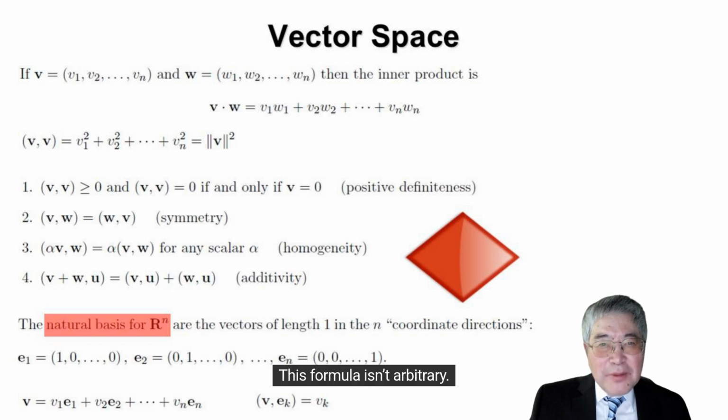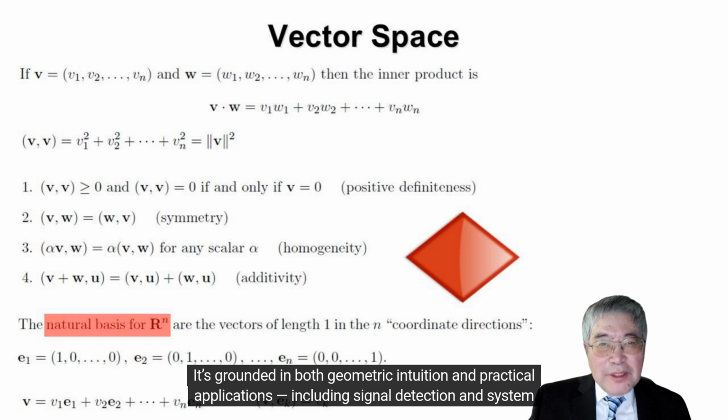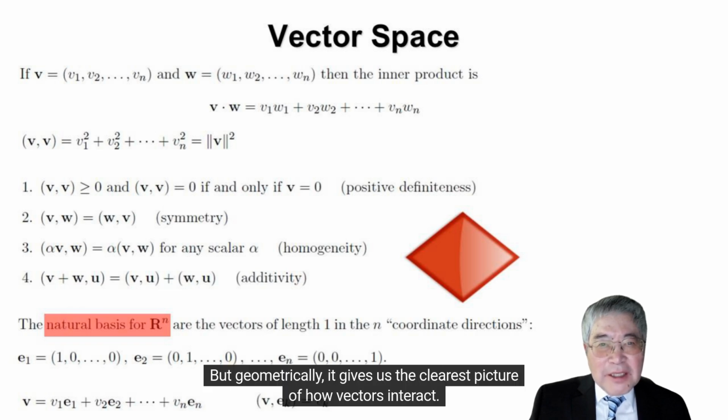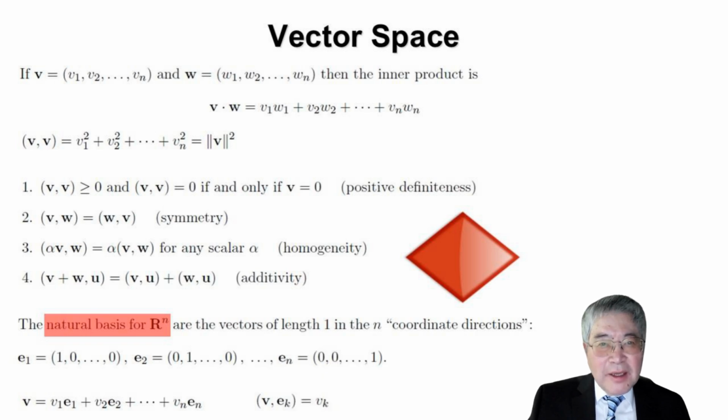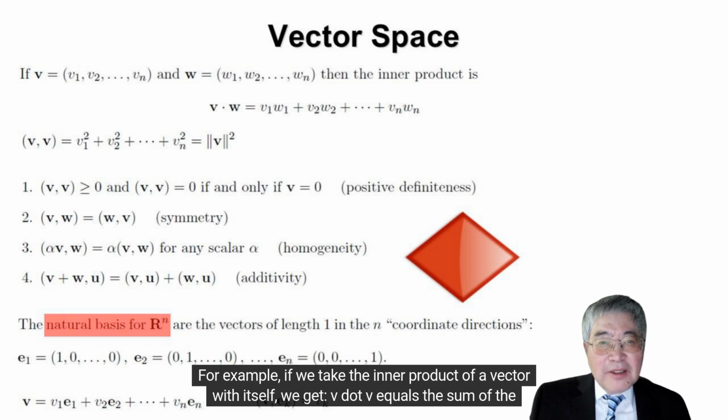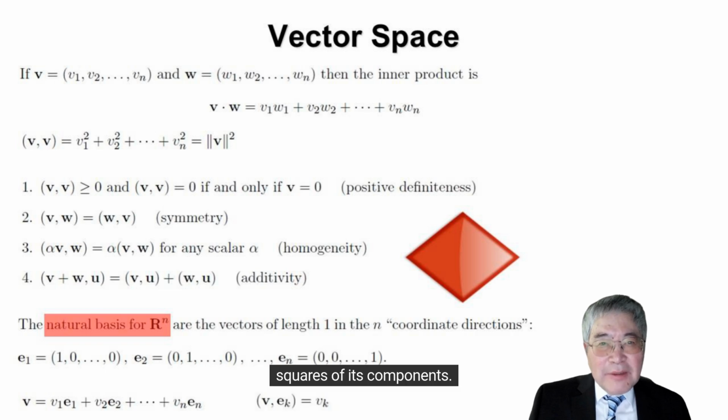This formula isn't arbitrary. It's grounded in both geometric intuition and practical applications, including signal detection and system analysis. But geometrically, it gives us the clearest picture of how vectors interact. For example, if we take the inner product of a vector with itself, we get v dot v equals the sum of the squares of its components.